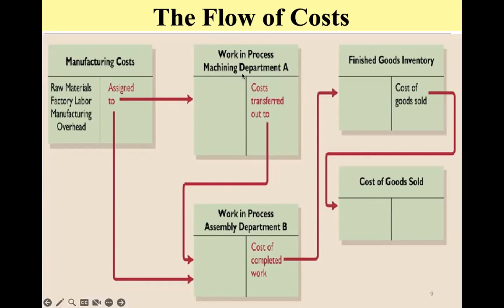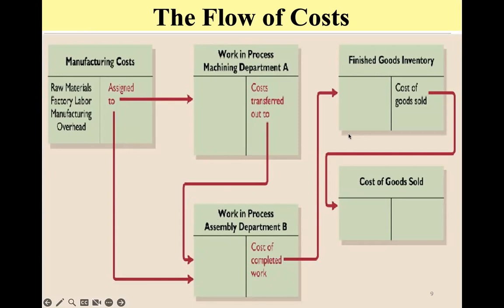Once the work in process 1 is done, the work in process will be transferred to process 2, which is the assembly department. Not only that, for that process also, these manufacturing costs will be assigned: raw materials, factory labor, manufacturing overheads, alongside the work in process that was received from process 1, right?